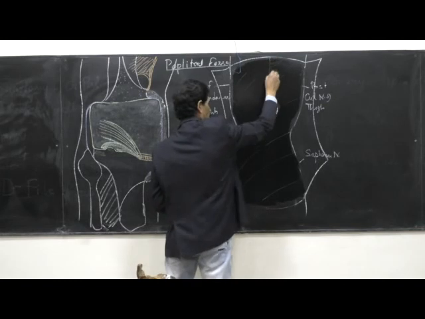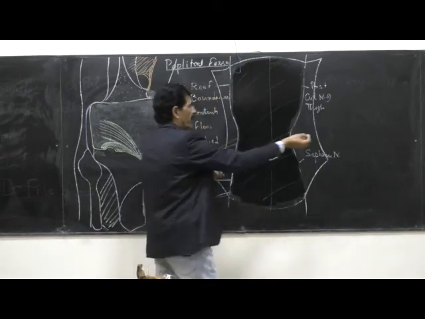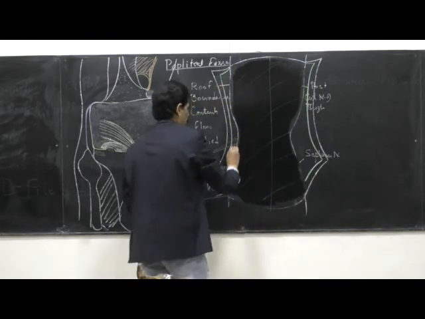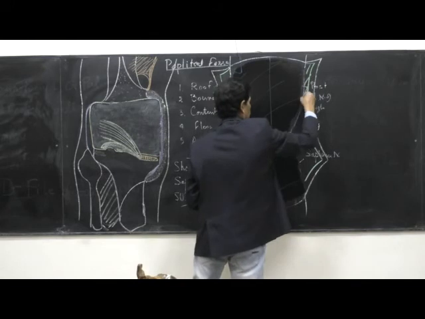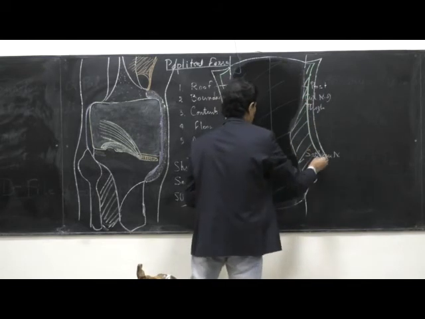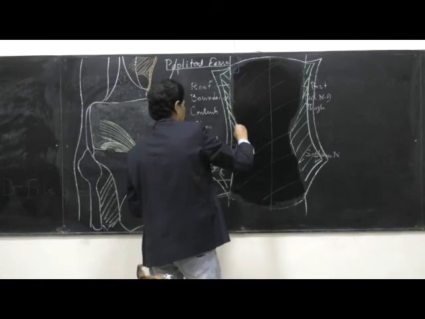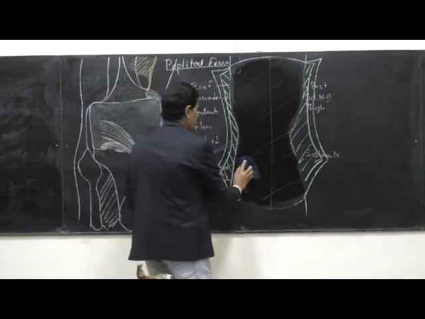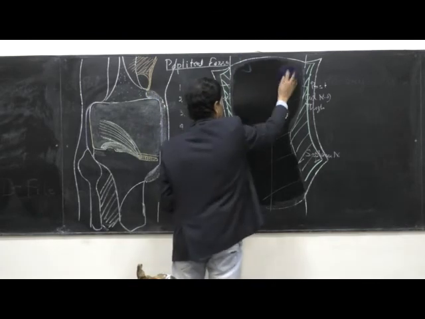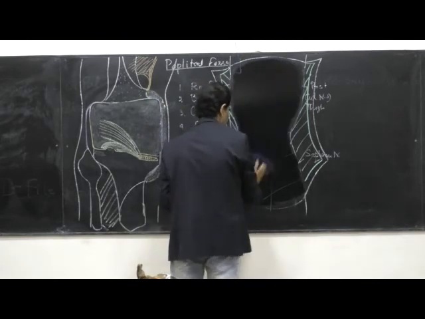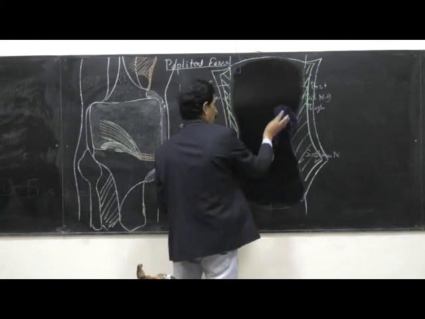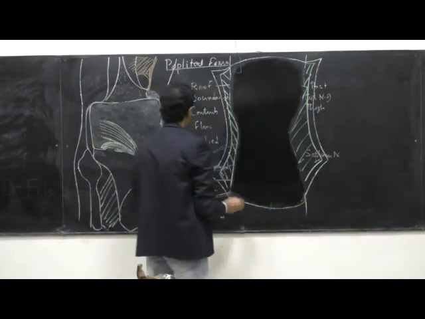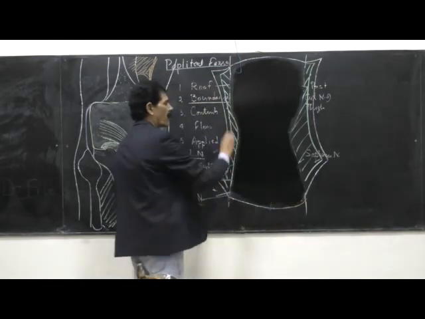We cut it in the midline and reflect the deep fascia like a skin flap, which is forming the roof of the popliteal fossa. So after the removal of the deep fascia, we have removed the roof of the popliteal fossa, and now we switch on to the next, the boundaries.